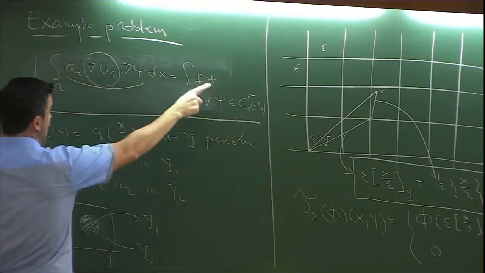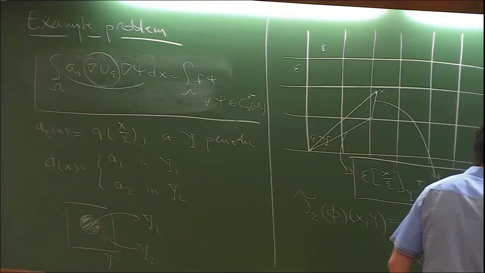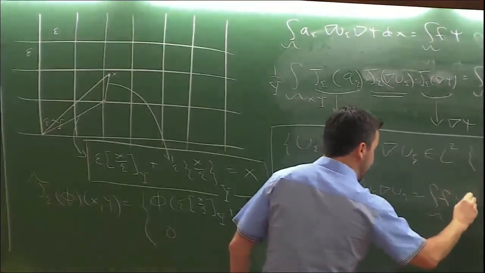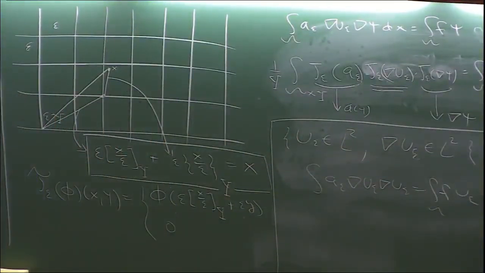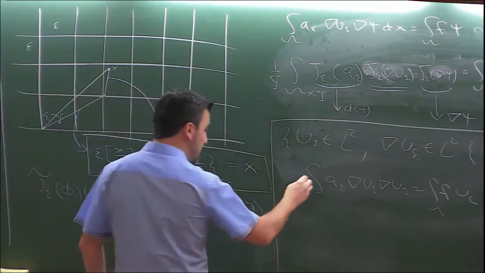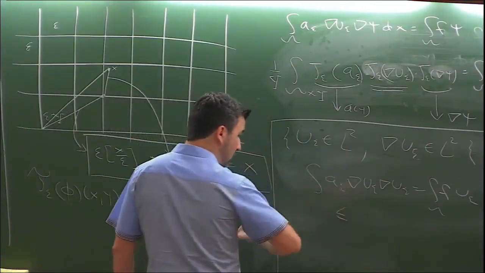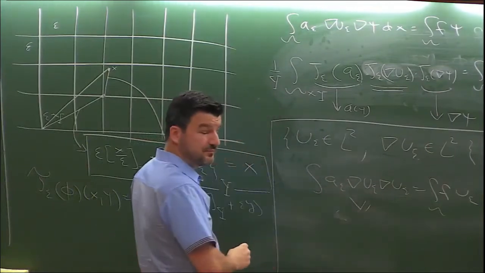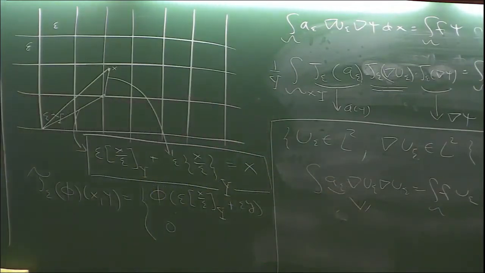So if you choose psi to be your solution, you get what? You get that the integral of a epsilon gradient u epsilon squared equals the integral of f u epsilon. And now the PDE is transformed into the science of finding inequalities. Here, this term is greater or equal. You use the fact that a epsilon has two possible values, a1 or a2, so you can take the minimum of them.